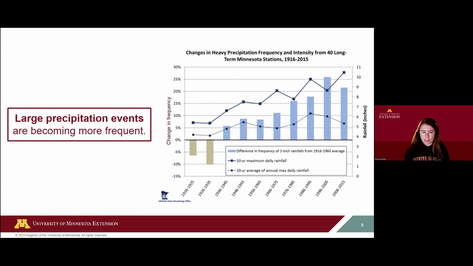Instead of just consistently more rain, we're getting a large amount of precipitation coming down in a short period of time. This can have really big impacts on our forests by causing erosion and other impacts. It also impacts our infrastructure by causing damage to roads and culverts and other pieces of critical infrastructure in our communities.